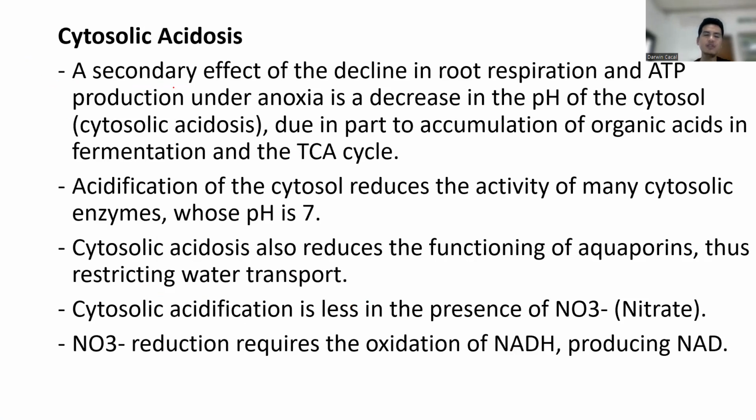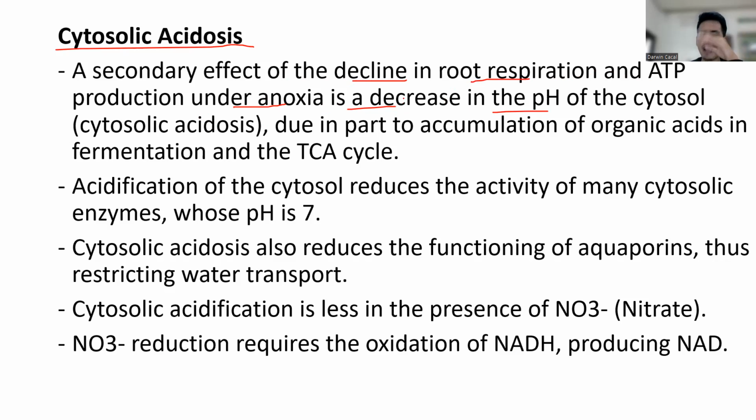So, in the cytosolic acidosis naman, a secondary effect of the decline in root respiration and ATP production under anoxia is decrease in pH. So kapag dalawang beses na nagkaroon ng flooding, root respiration and ATP production under anoxia is decrease in pH.